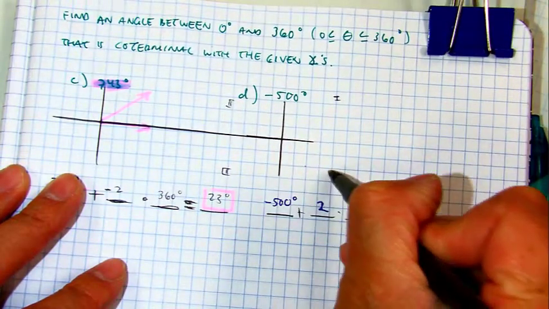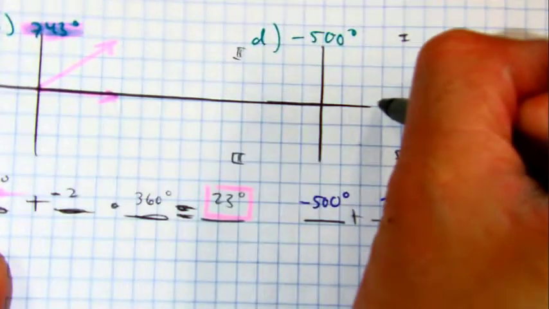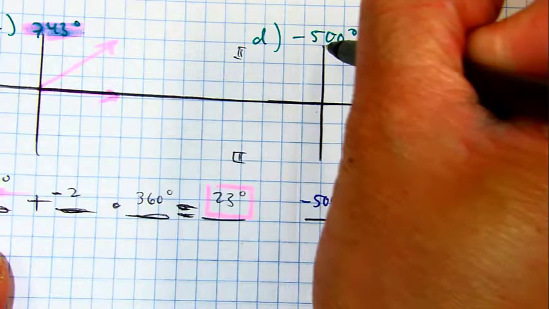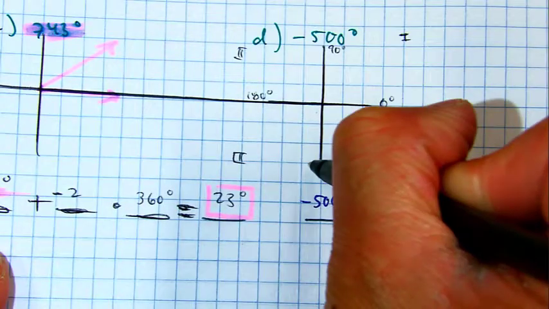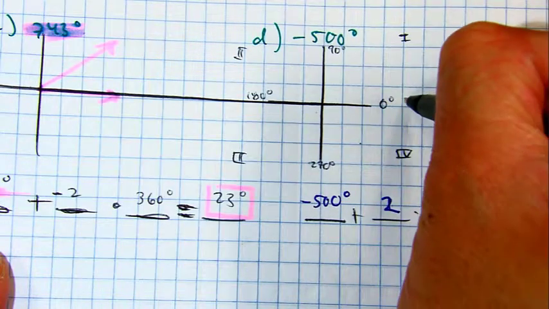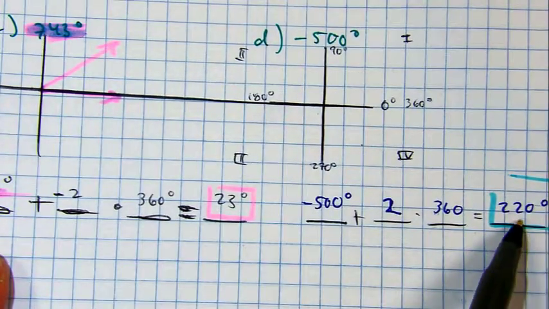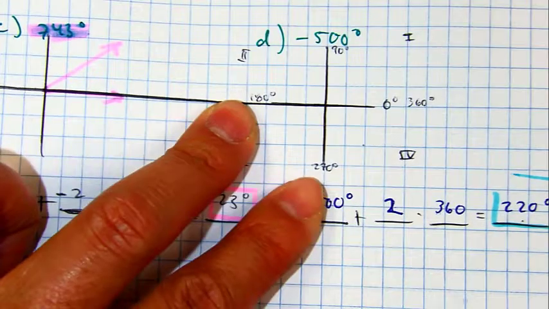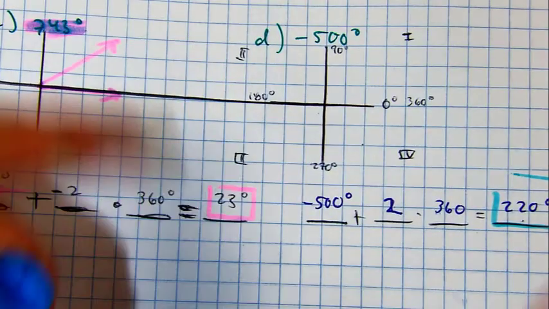Let's review our degrees. Class, how many degrees? 0, 90, and a full rotation is 360. Okay. So 220 degrees is between 180 and 270. It is a little bit closer to the 180.